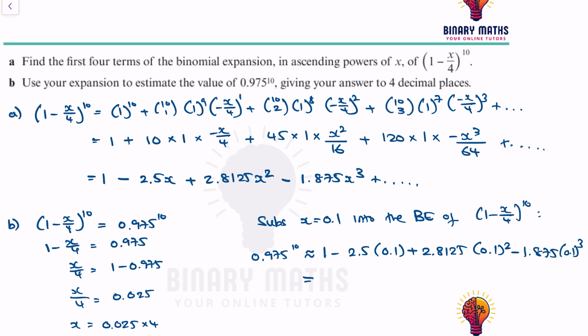We put this into our calculator, we get 0.77625. And if we round this to 4 decimal places, it's 0.7763.